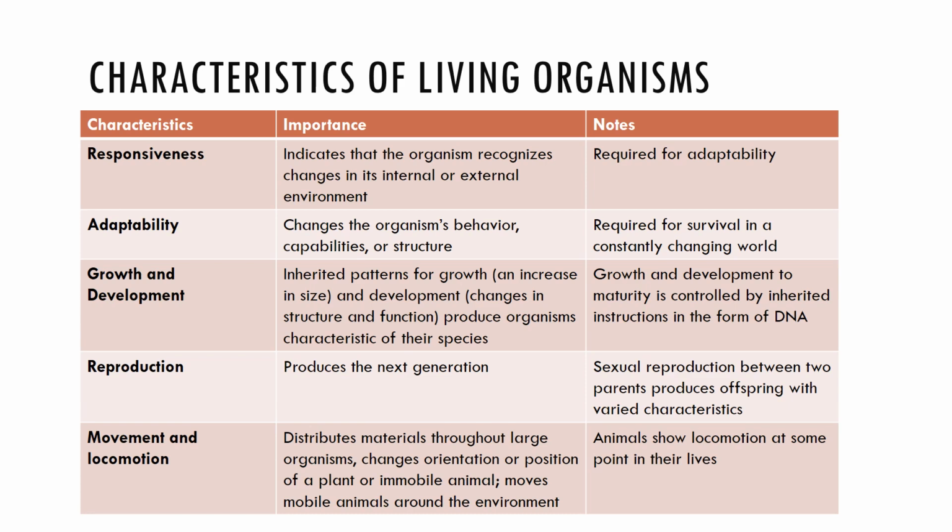We have to be able to move about. So we have to distribute materials throughout large organisms, be able to change our position or orientation. Even a plant has to do that, maybe to get more sunlight, or the roots to grow in order to have access to water. Animals, we have to be able to move around.